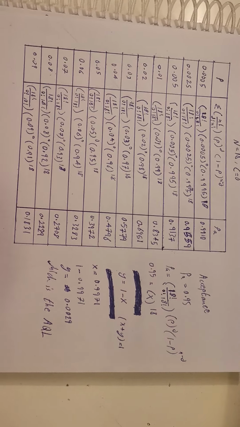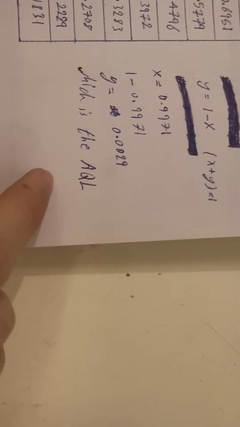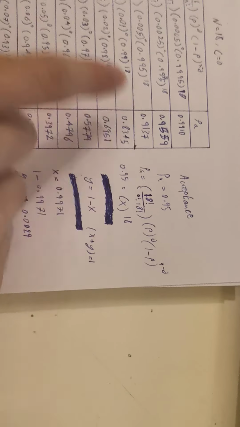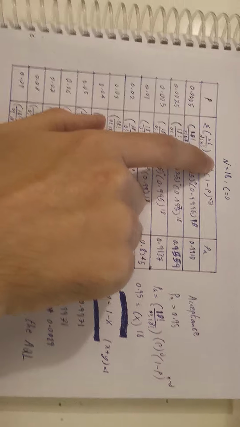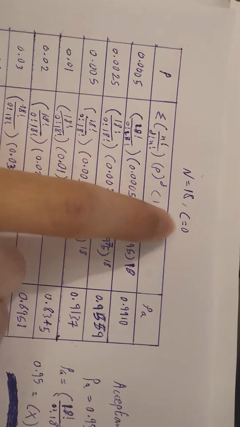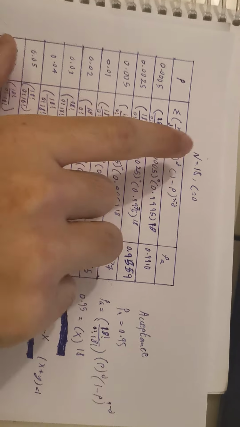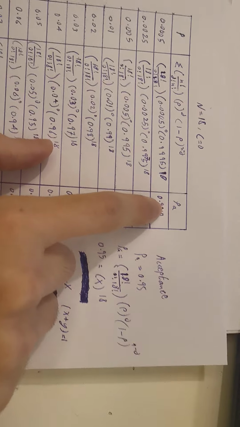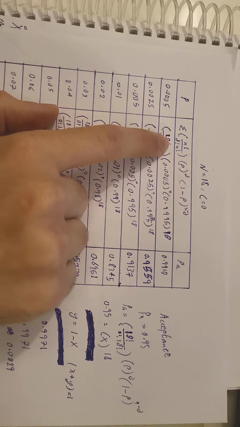Another thing we should calculate is the AQL, and we have the acceptance value of 0.95. Another thing that is given is the N, which is 18 in this case, and the C is 0. Now, what does that mean? As you can see here, in order to calculate the PA, there is this formula that we have to apply.